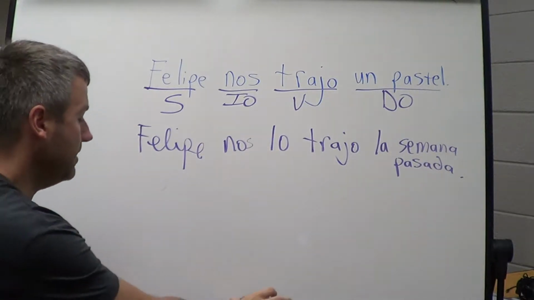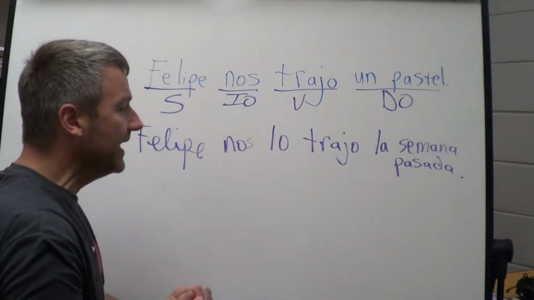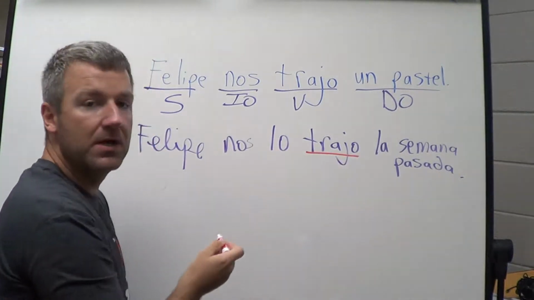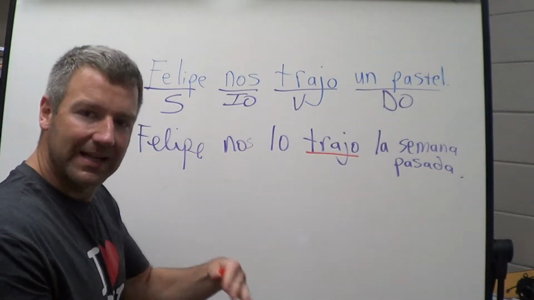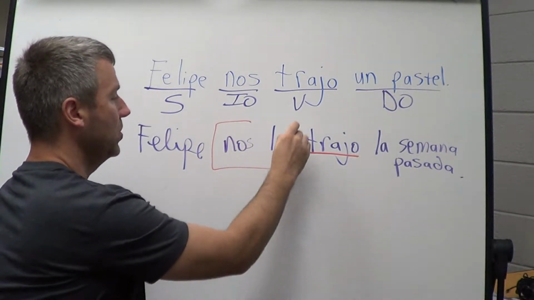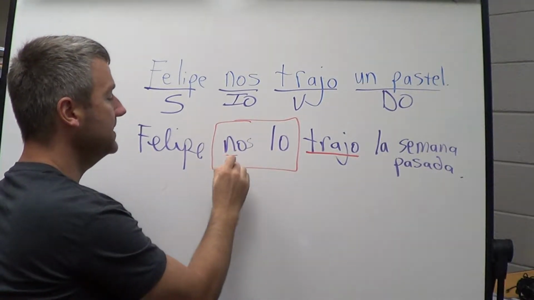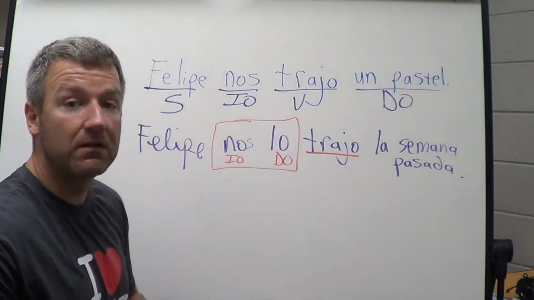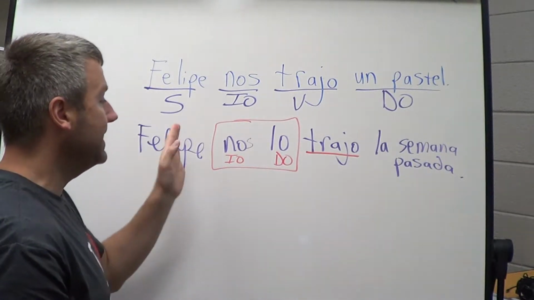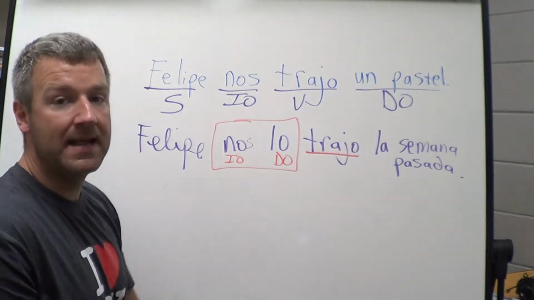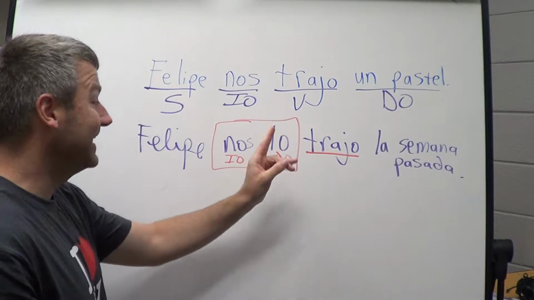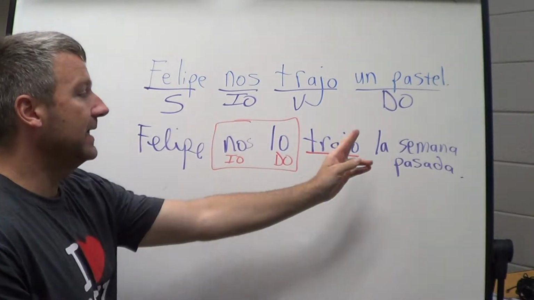So, if you notice right here, as we talked about just a few seconds ago, you've got your verb. So what do we have directly in front of our verb right there? We have our indirect object pronoun and our direct object pronoun. Still following that same pattern. Felipe nos lo trajo la semana pasada. Okay? So Felipe brought it to us last week.